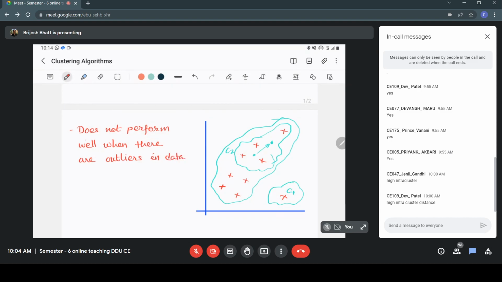When there are outliers in the data. And the second thing is the number of cluster heads.